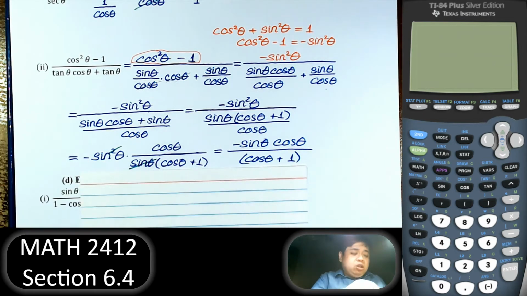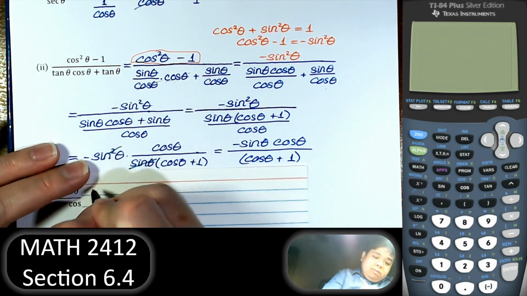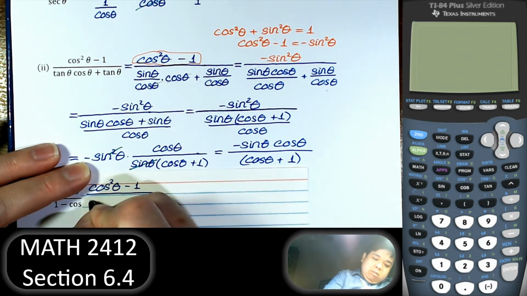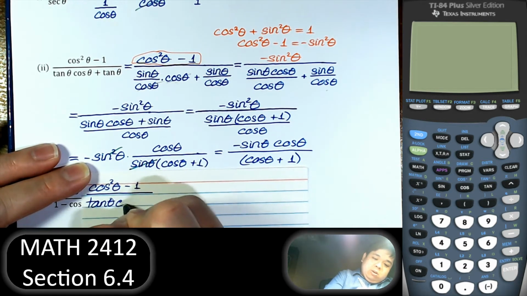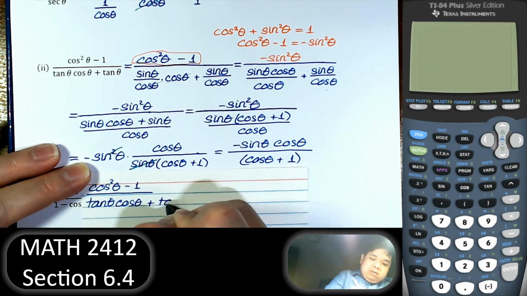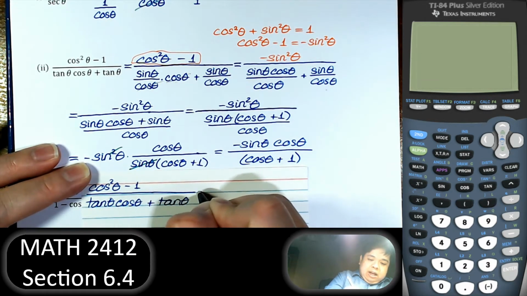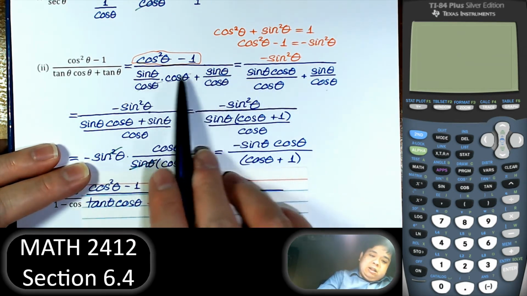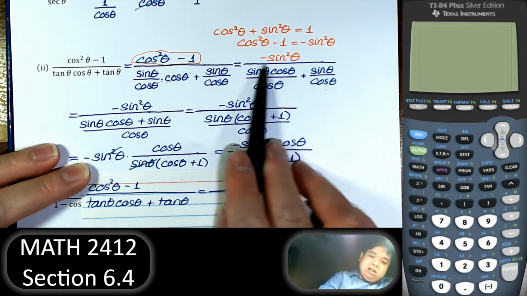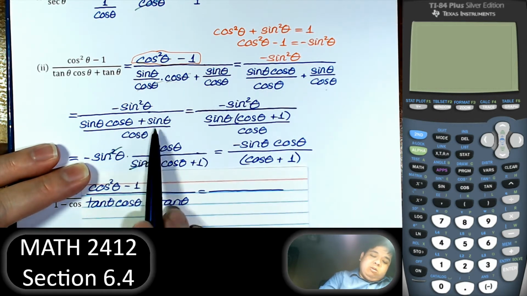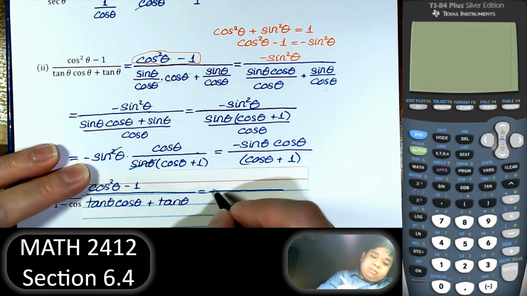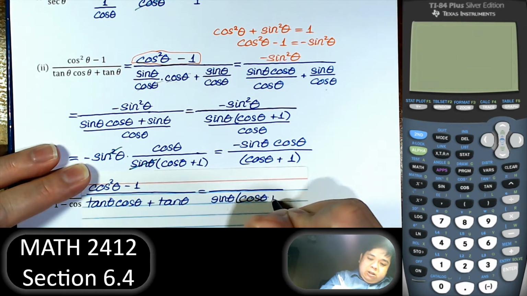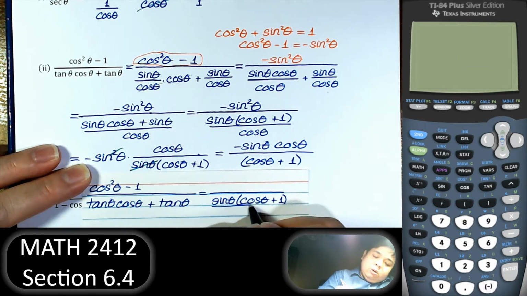Now I could try something else here. So I still write cosine squared on the top, minus 1. The bottom is tangent of theta, cosine of theta, plus tangent of theta. Now, at the bottom, I will write the same thing, expanded in sine and cosine, combining with a common denominator. So I have sine and cosine plus 1 over cosine.